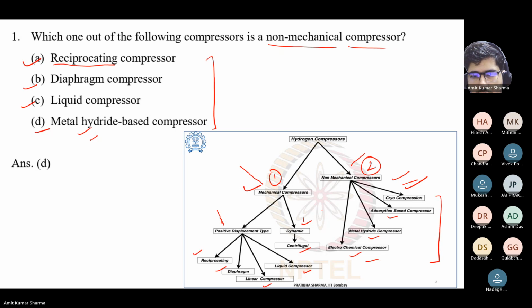It takes some amount of volume and then compresses it, then again takes some amount and compresses it, not a continuous process. Okay, you can say that, but it's still not fully correct. What is happening in the electrochemical compressor?